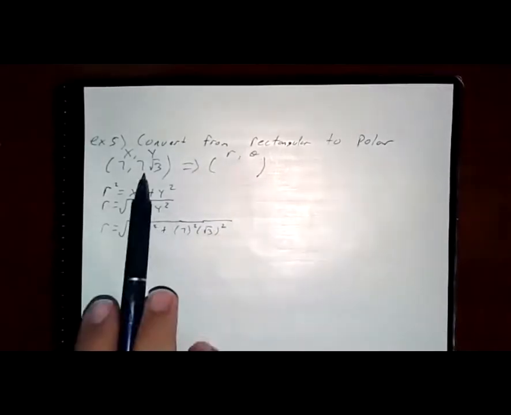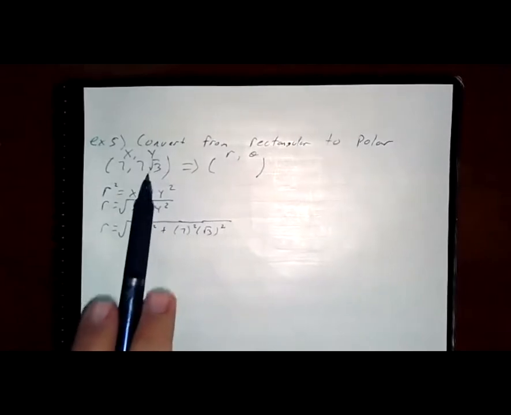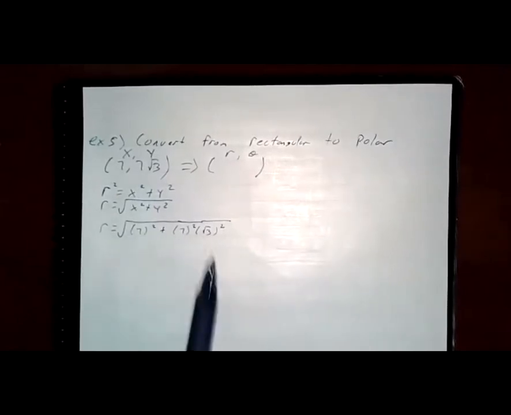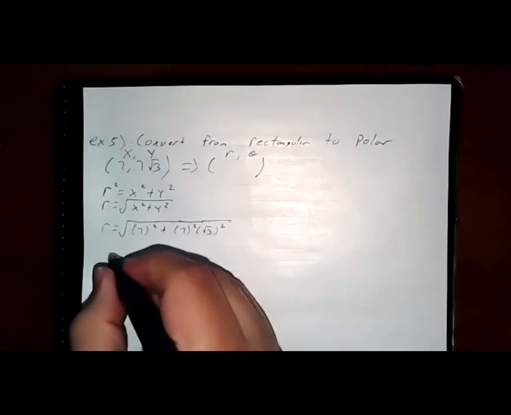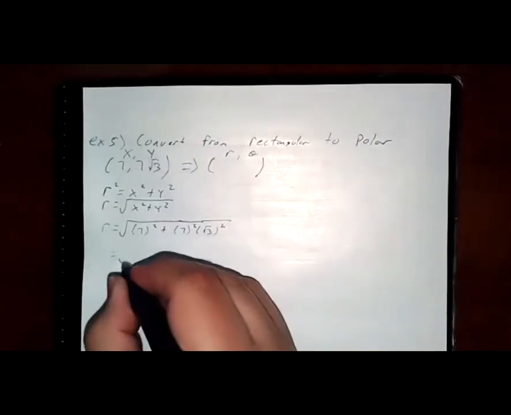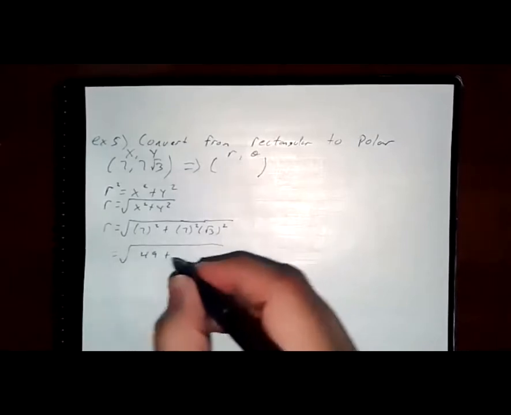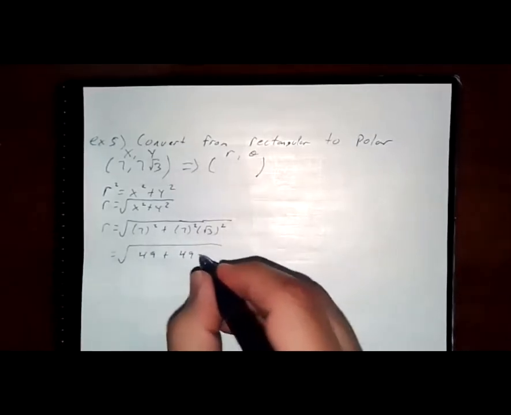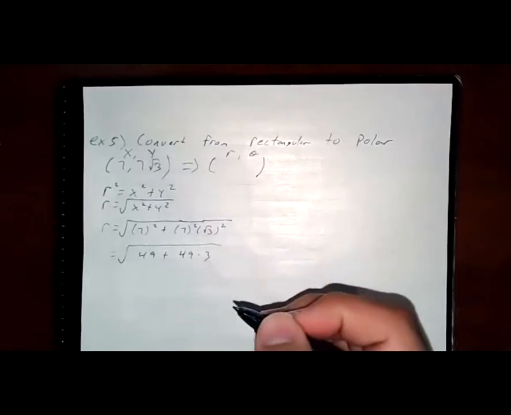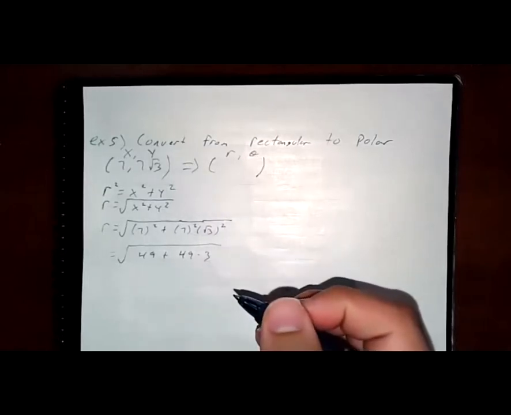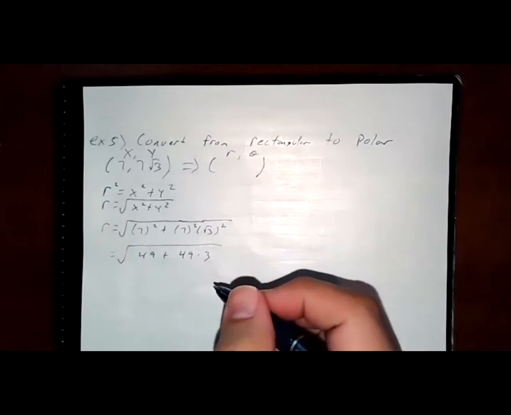And if you square this entire thing, you're going to square each piece, right? So that'll give us the square root of 49 plus 49 times 3. Which would be what?